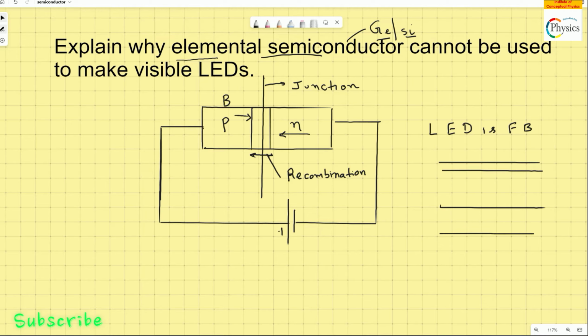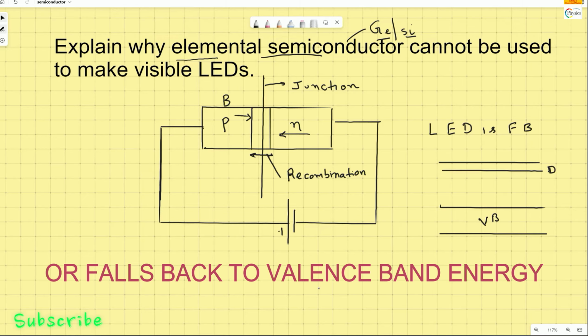So this is your donor level energy, and this could be phosphorus, for example. The electron can easily jump to the conduction band from here. So this is your energy gap. This is the valence band. This is the conduction band.